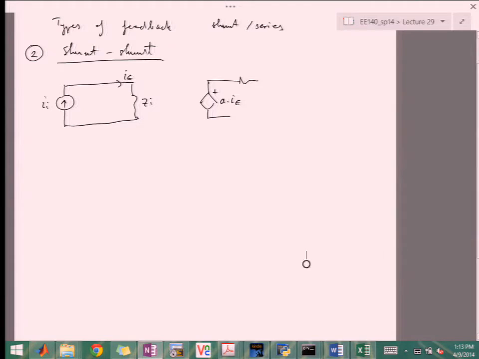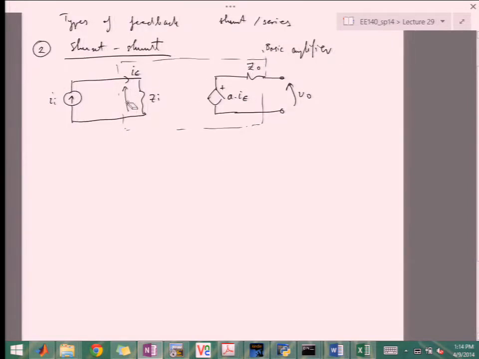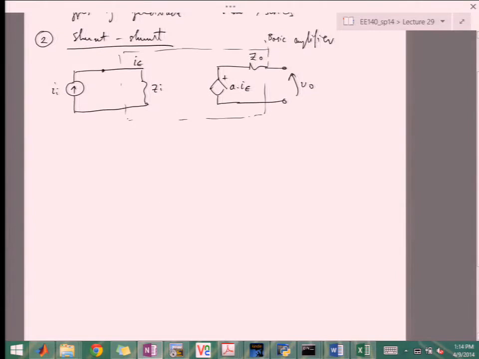And so we're going to have VO here. And this would be our basic amplifier.